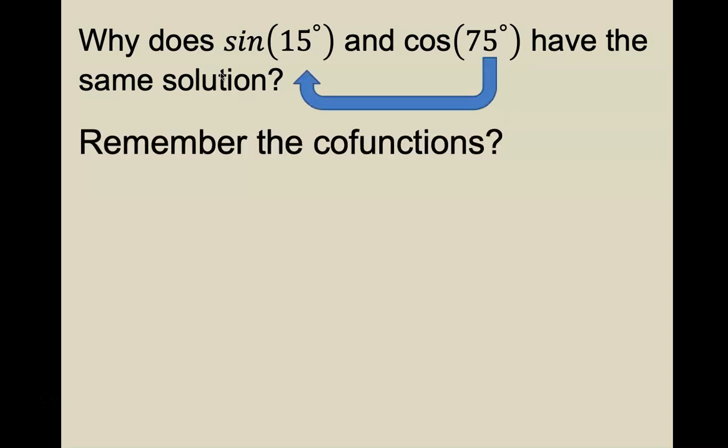Here's the idea. Remember we talked about cofunctions? Sine and cosine, meaning that the sine and its cofunction are equal whenever the angles add up to 90. And the last time I checked, 15 and 75 are complementary angles. They add up to 90.